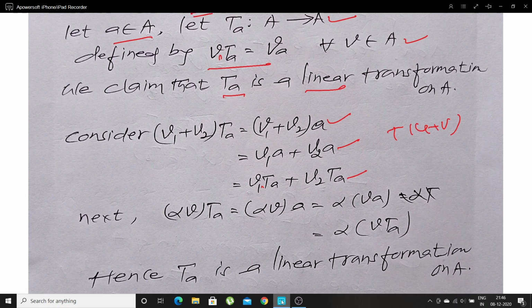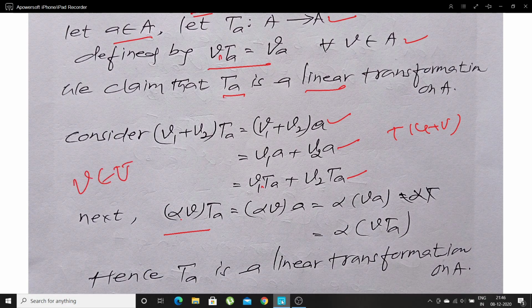Now I'll take the scalar multiplication of a vector property. That means we have to multiply a scalar by a vector. Alpha dot v, that is alpha v, where alpha is a scalar and v is an element of the vector space V. That means v belongs to what?